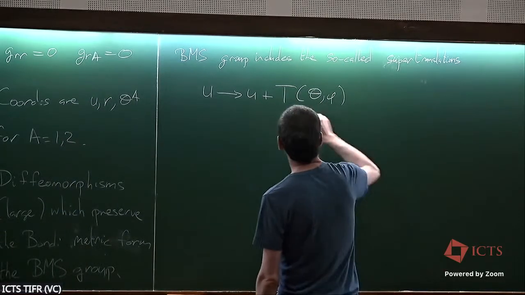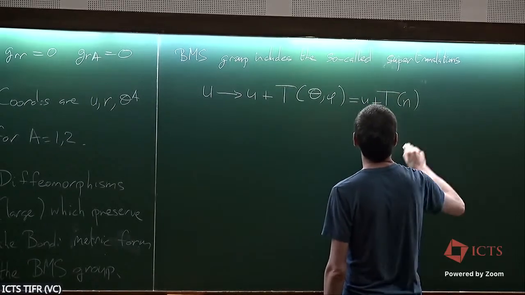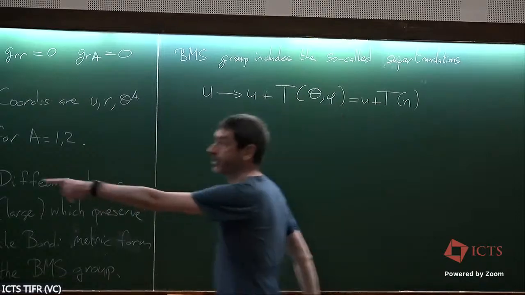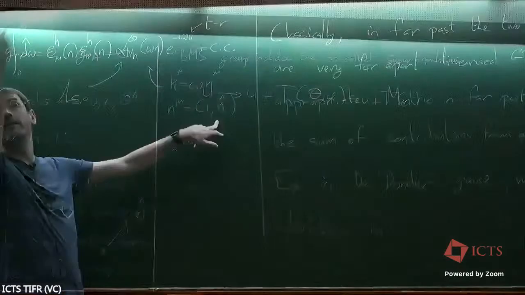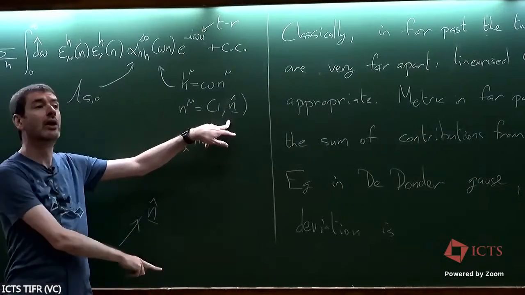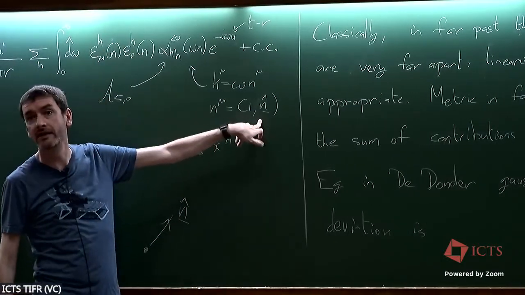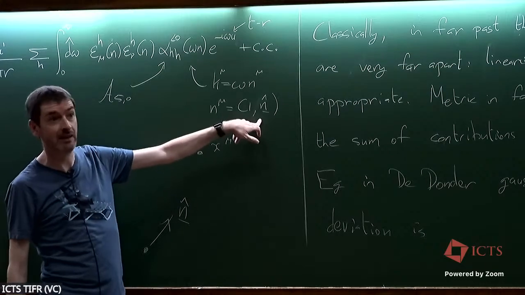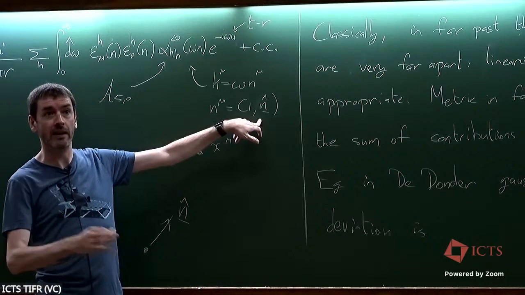Now I'm going to write this as u plus t of n, where n is the vector over here. This vector n just depends on the angles; it's the vector that points at the various observers, so it has the thetas and the phis in it. So we can package up all the thetas and phis into this n. I mean, the n is literally going to be like 1, the time component, then sine theta cos phi, sine theta sine phi, and cos theta.